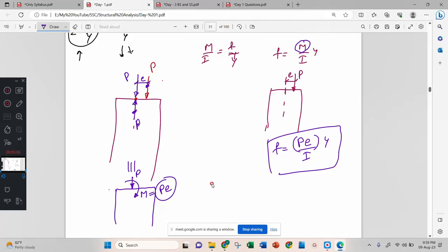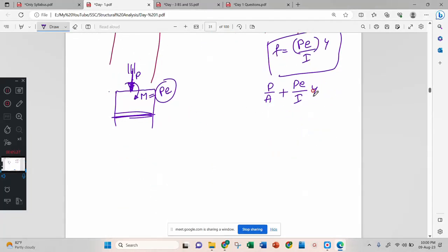Now we have two types of stress in this. One stress is P by A, and another stress is PE by I into Y. Now your question is, from where did we get Y? From the bending equation.